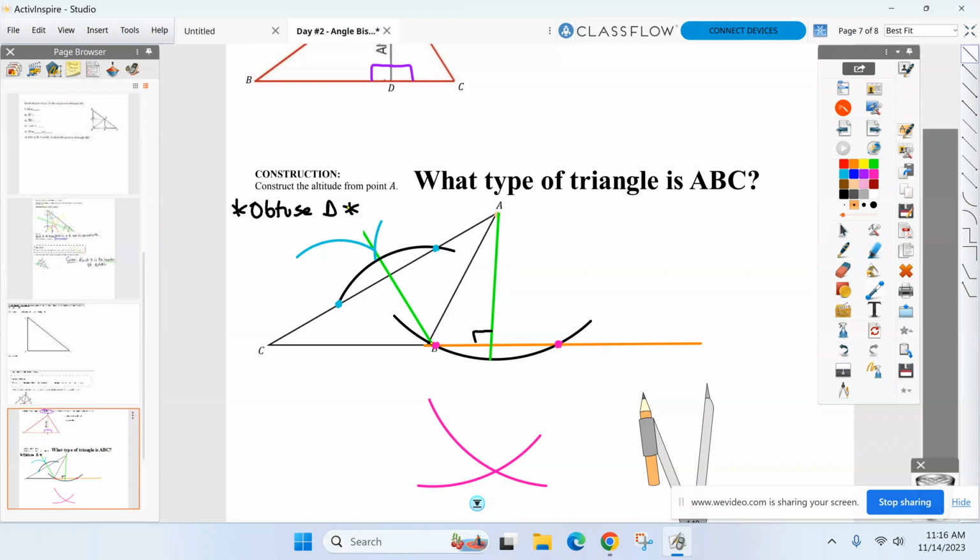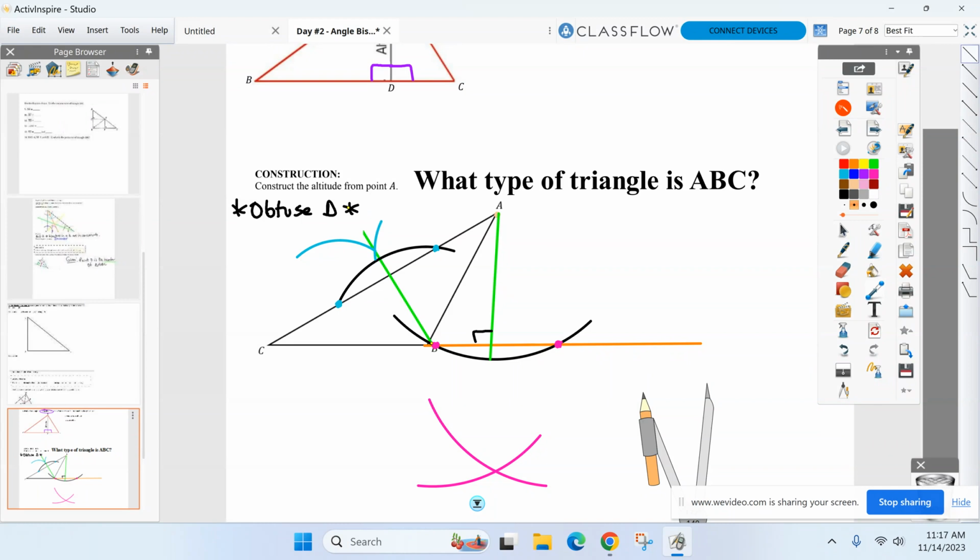Got a little problem though. I'm trying to show you guys that these are concurrent, that the altitudes all intersect at the same spot, but it doesn't look like it on my diagram. Any suggestions here? Yeah, just make them a little longer, right?